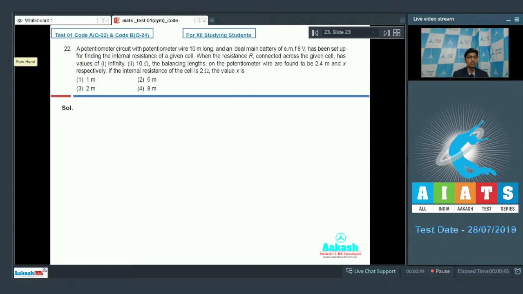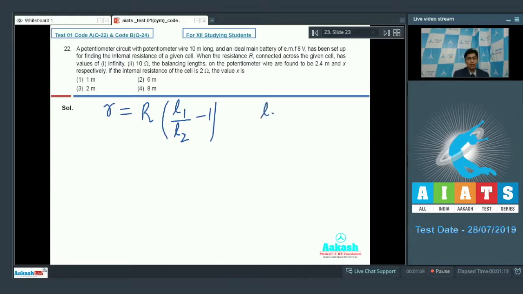Now dear students, we know that the internal resistance of the cell, small r, can be related to the external resistance connected across the cell, capital R, by a formula that small r is equal to capital R multiplied by (L1 by L2 minus 1), where L1 is the balancing length when capital R is equal to infinity.